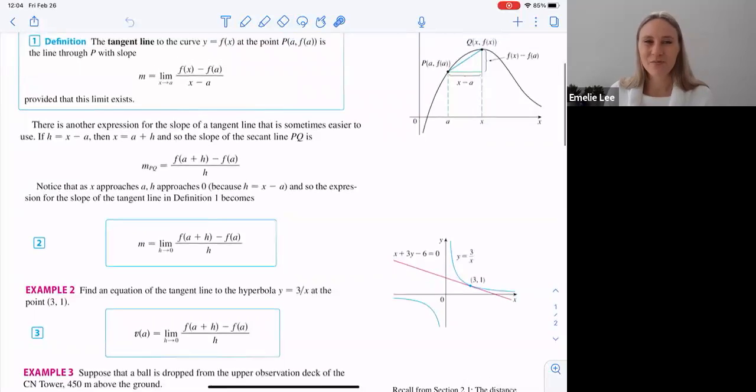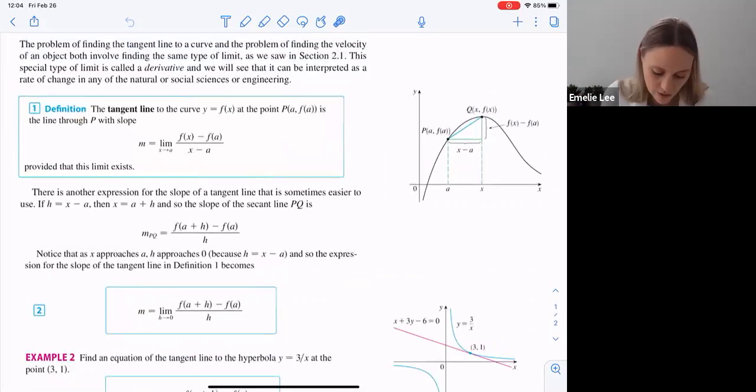Don't worry, come chapter 3, you won't need to do any limits anymore. Then we'll have easier ways of finding the derivative. But I can guarantee you on the final exam, you will need to use the limit definition of the derivative to find the derivative. So we need to do it, but we will have easier ways of finding derivatives later.